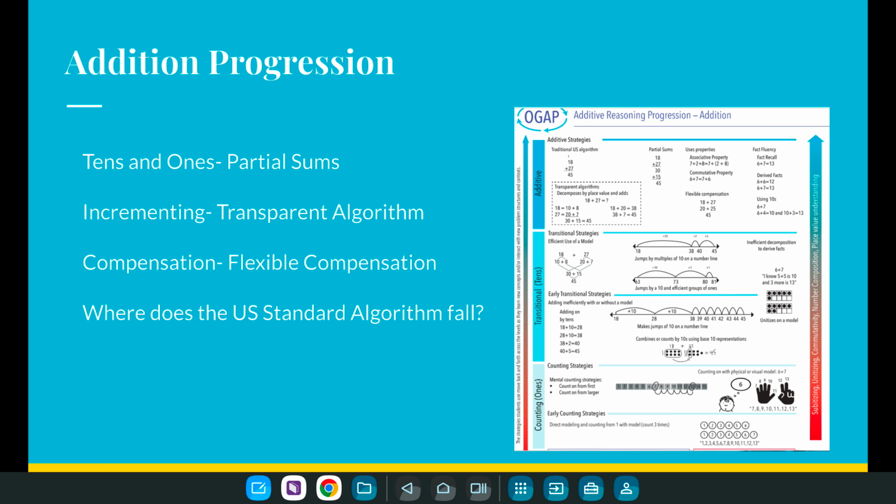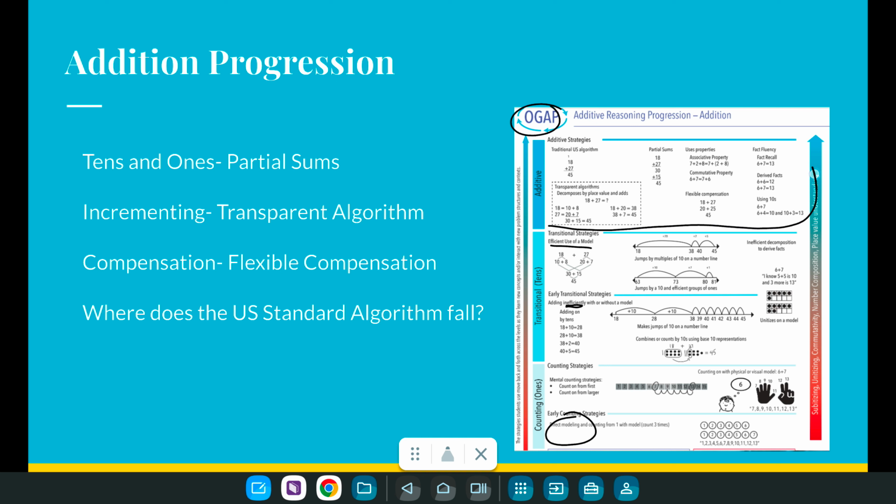This is the ongoing assessment project. That's what OGAP stands for. And this is a progression of how kids acquire additive reasoning. So you're welcome to pause and study this a little bit, but kids begin in this direct modeling phase, counting by ones. And then they begin to use some of these strategies, but you'll notice they're inefficient. Then they begin to use models efficiently. And last but not least, they begin to use algorithms.